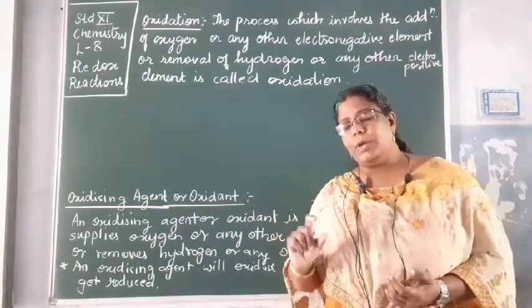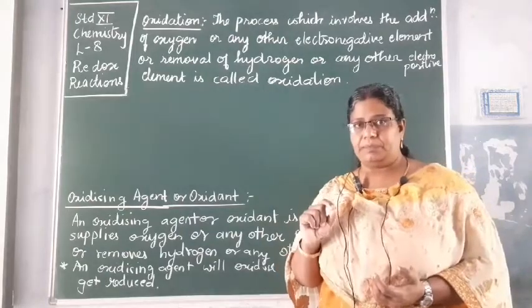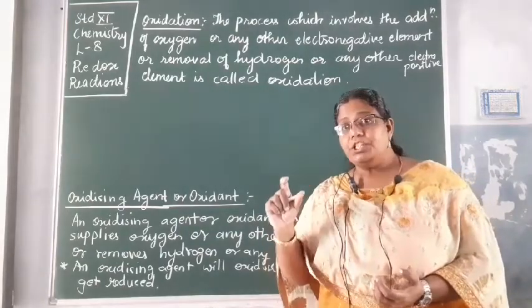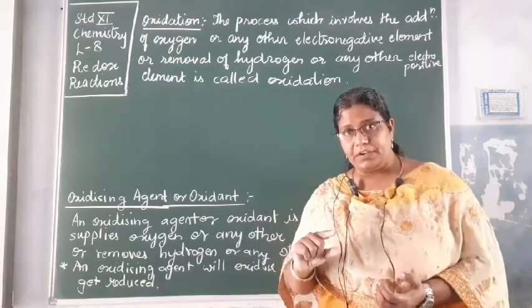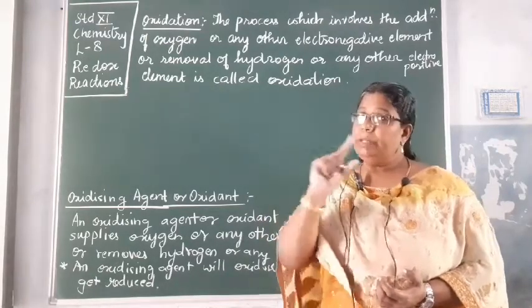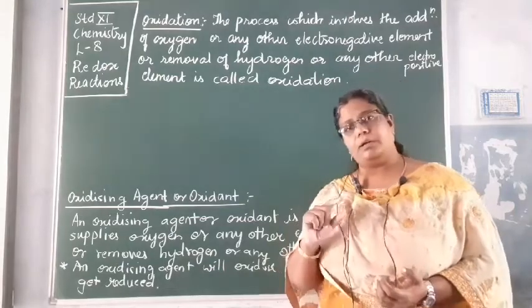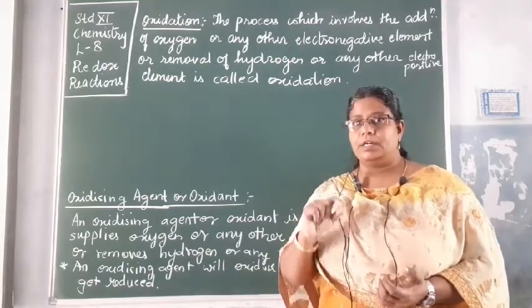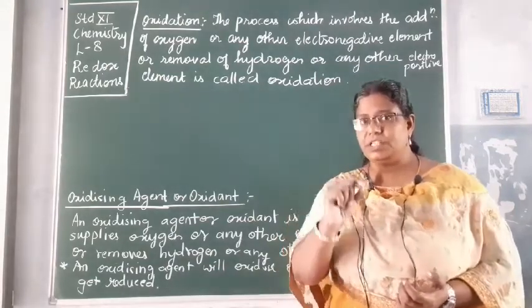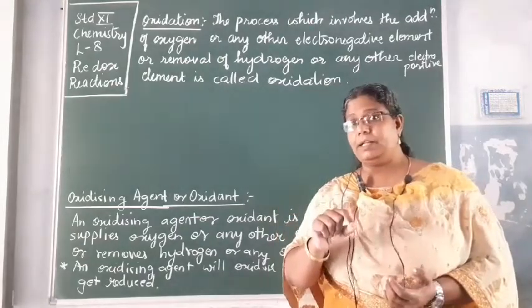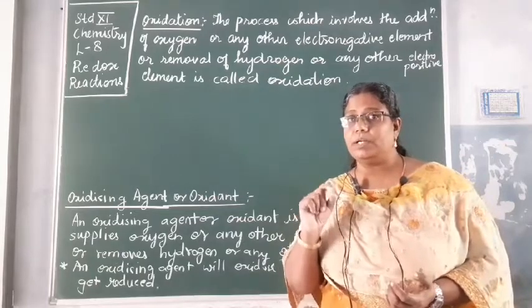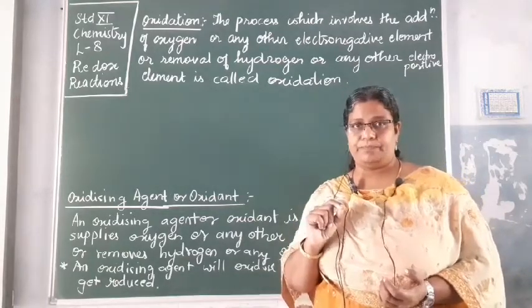Now, you are aware of what is an electronegative element? The addition of oxygen or the addition of an electronegative element will be called the oxidation reaction. Reactions in which oxygen is added, or any electronegative element is being added, will be called oxidation reactions.